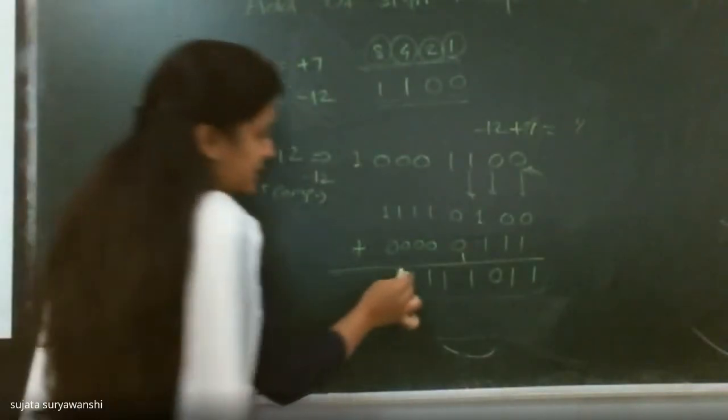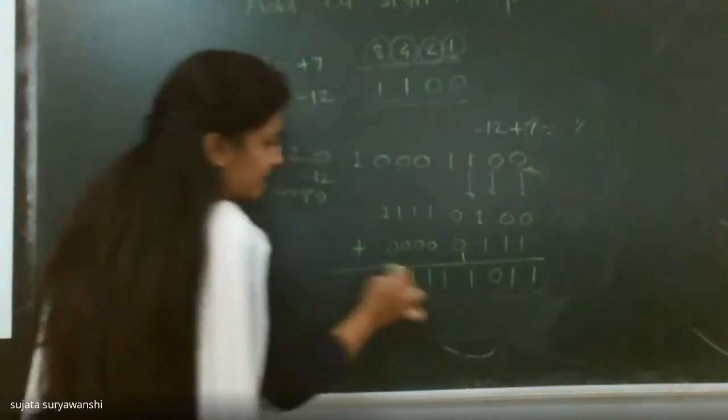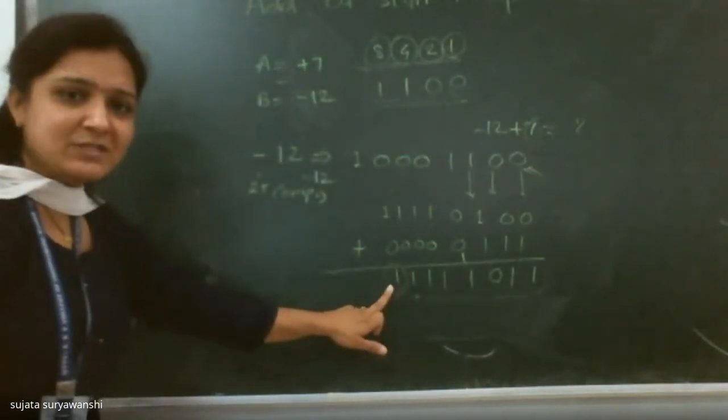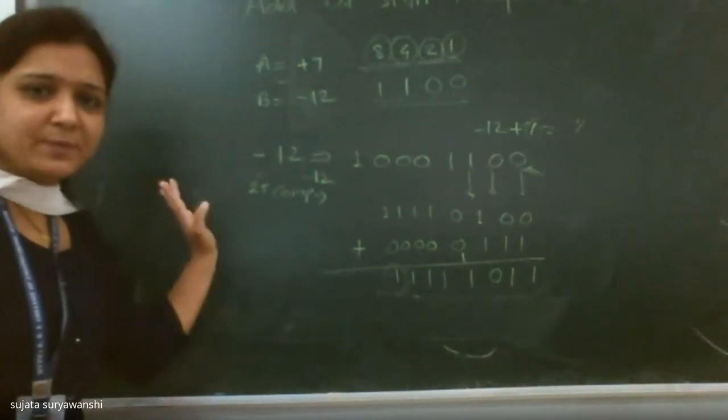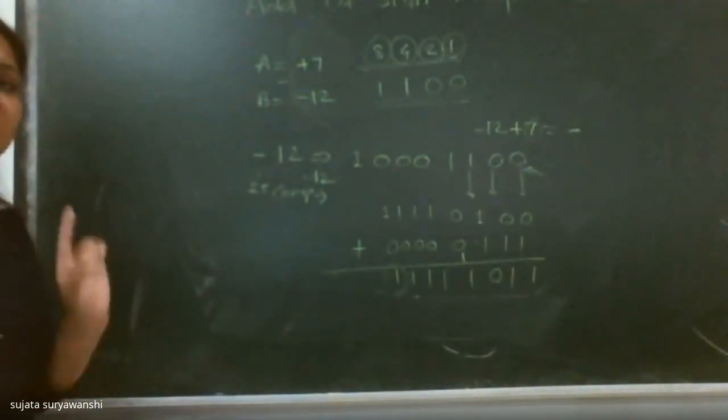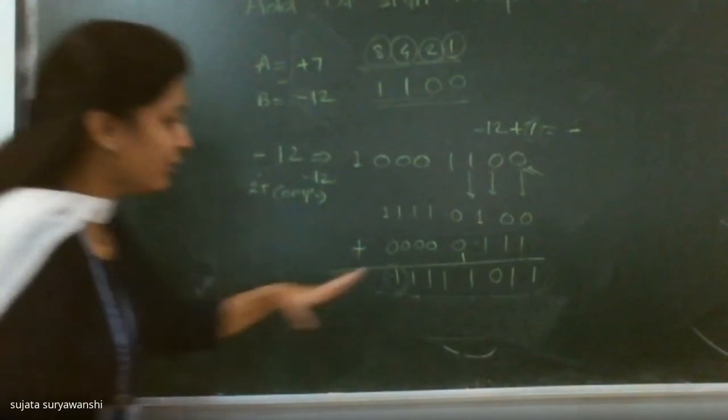But you can see this is the sign of your number, and the sign bit is 1. 1 means it is a negative number, so your result is negative. We get right now only the sign of your result. If your result is negative, you have to convert it again into 2's complement.